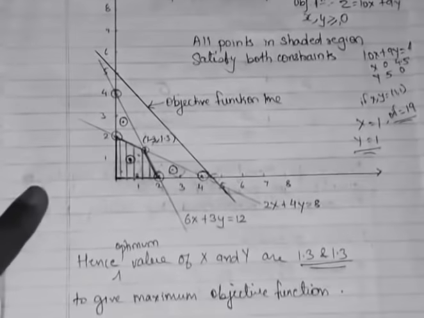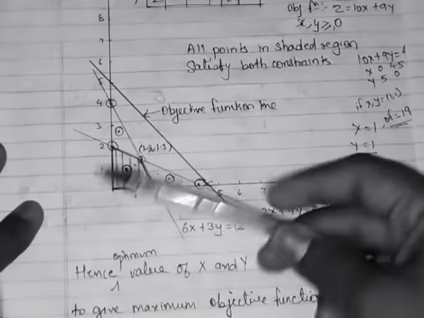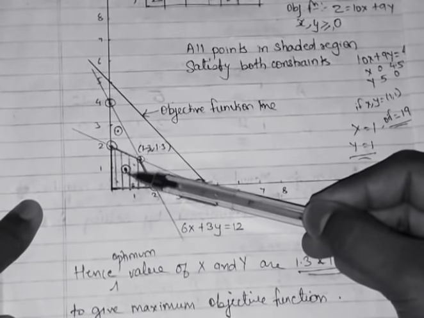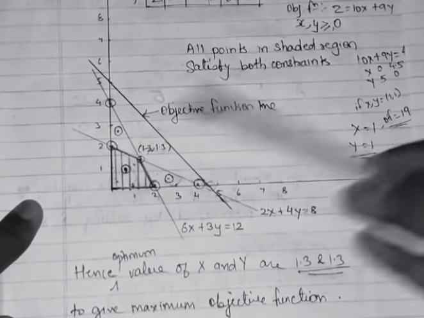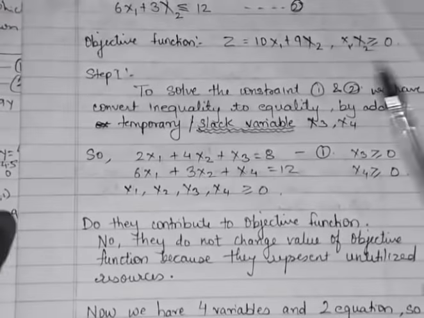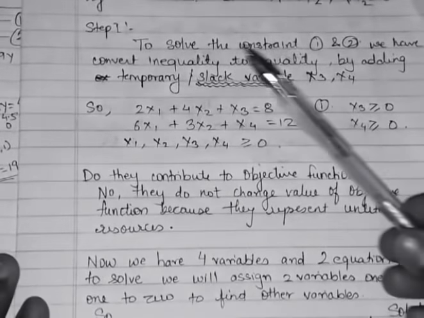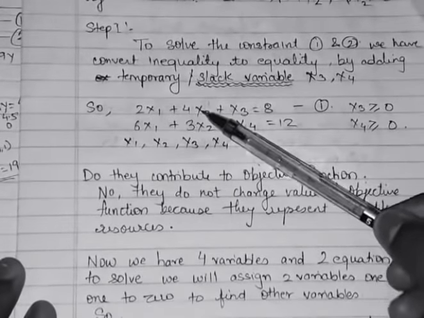I will go back here. See, yesterday in the last lecture we saw that this point is inside the boundary, right? So this satisfies all the constraints, and this point is 1 comma 1. So what if I take 1 comma 1 here? x1 is 1, x2 is 1, so 2 plus 4 is 6. 6 is not equal to 8, that means x3 will be 2, right?